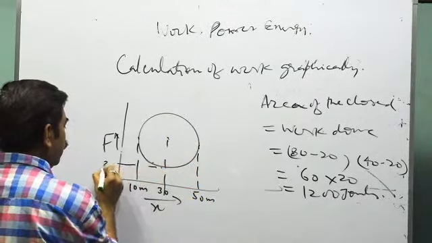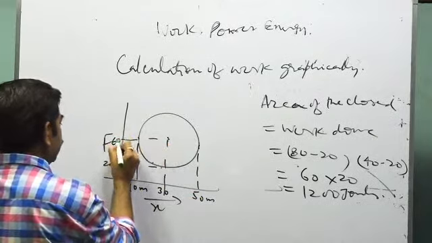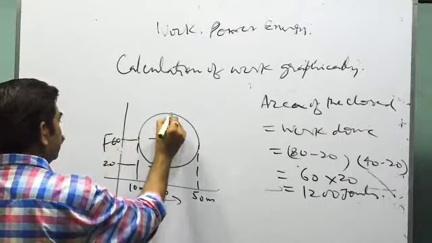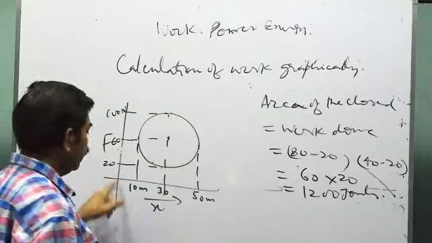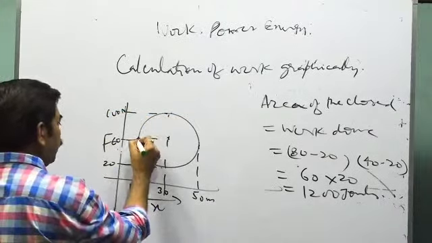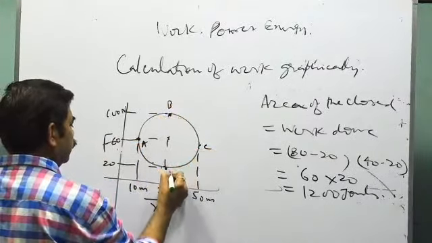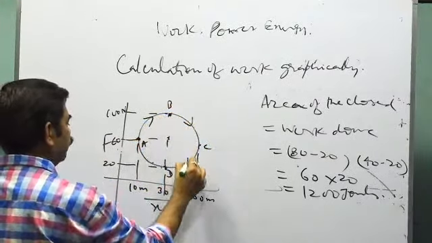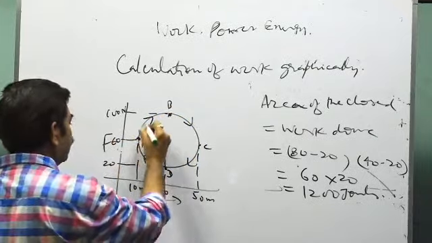Here we have 20 newtons, corresponding to the center we have 60 newtons, and here we have 100 newtons. We start from point A, go to point B, then C, then D. This is how the graph varies. We start the graph from A and get back to point A.